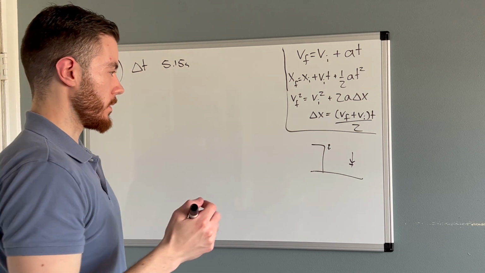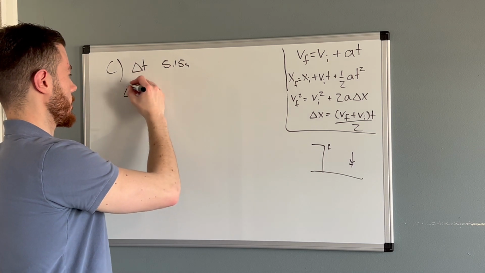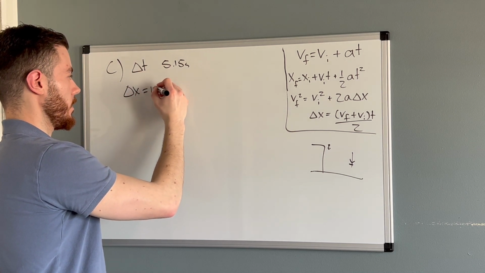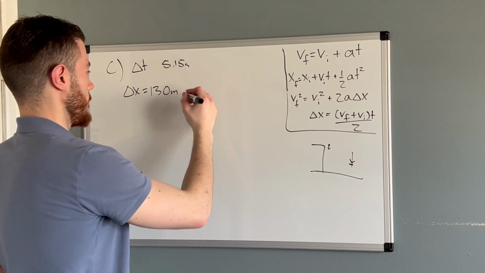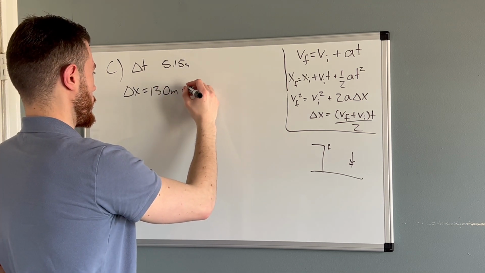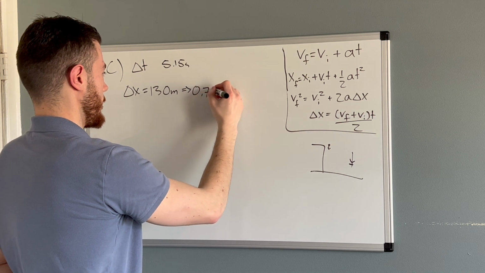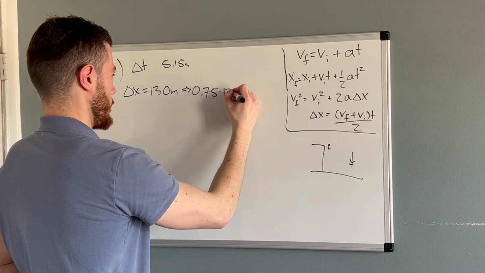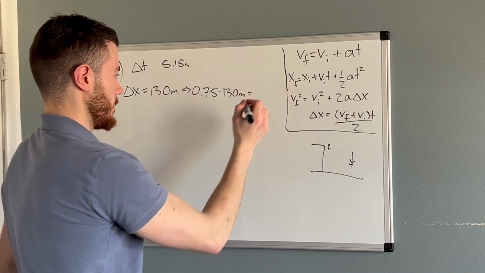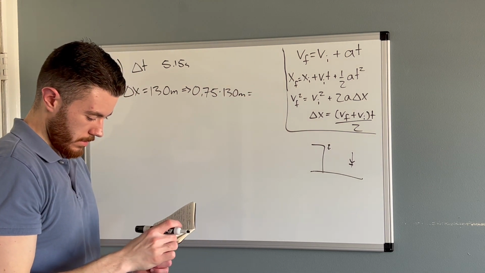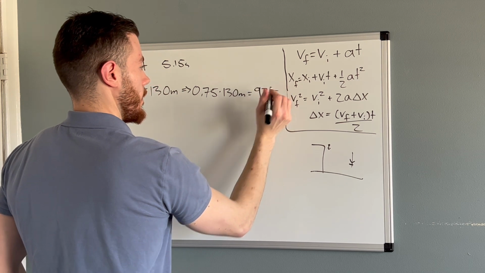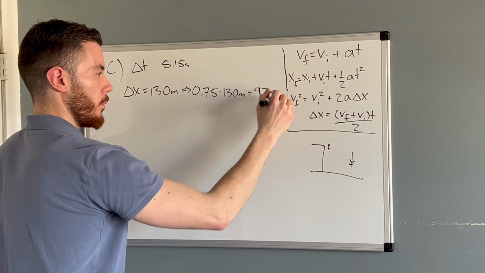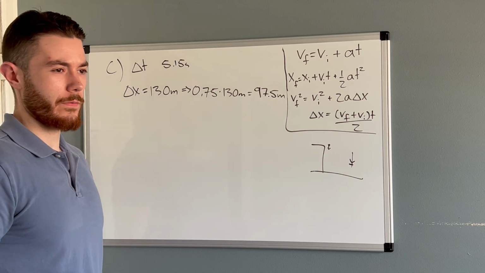So the total falling distance, we know delta x is equal to 130 meters. The top 75% of that is 0.75 times 130 meters, which is 97.5 meters. But we are interested in the top 97.5 meters.